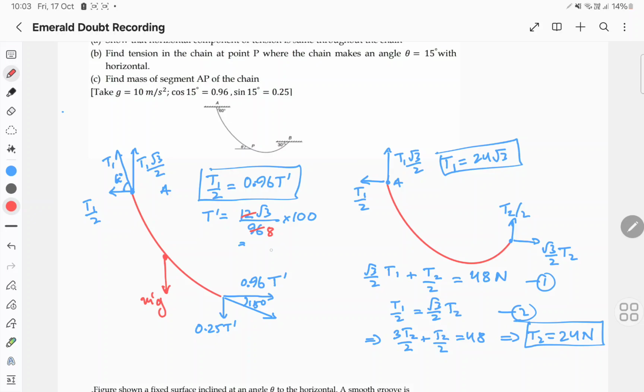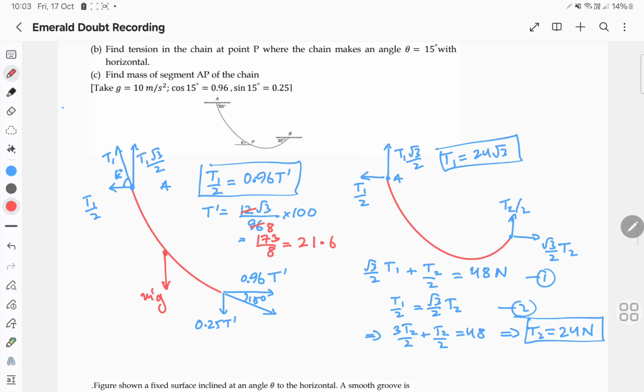Root 3 is roughly 1.73, so 173 by 8. So that gives you 21.5 by 8, 5 by 8 is 0.6. So roughly this is your answer for tension.